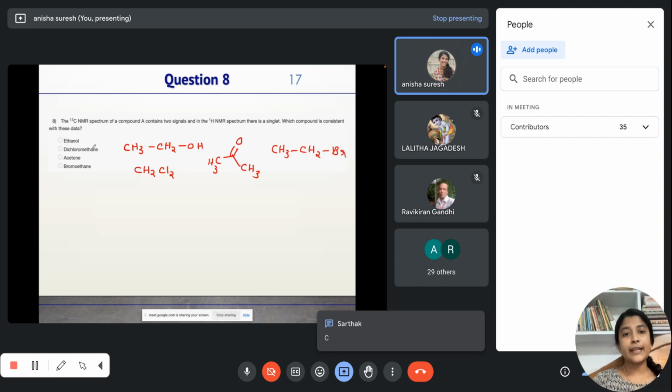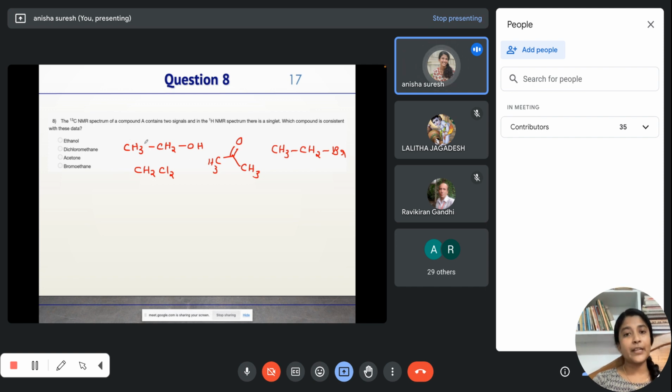In the case of ethanol, the 13C spectrum contains two signals. It has one CH2 which is adjacent to oxygen, and one CH3 which is away from the oxygen. The CH2 will come around the 50 to 100 ppm region, and the CH3 in the range of 0 to 50 ppm.